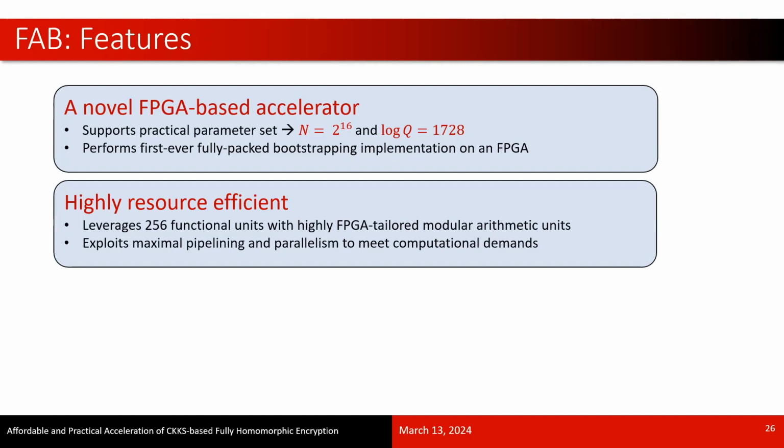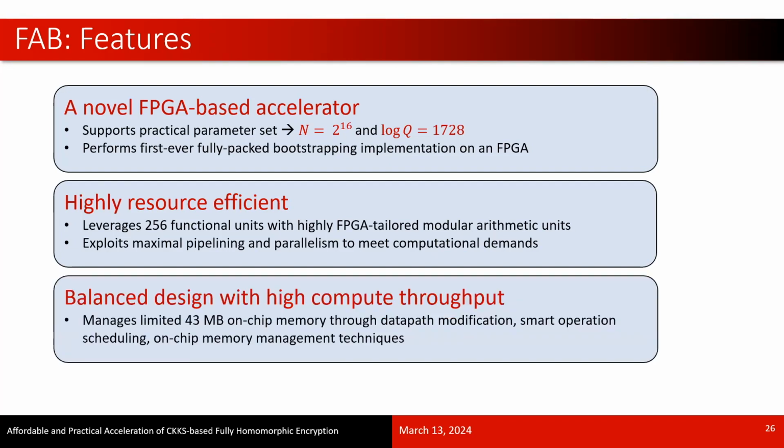And FAB is highly resource efficient in the sense that it implements only 256 functional units, where each functional unit supports various modular arithmetic operations and exploits maximal pipelining and parallelism. And FAB makes efficient use of the limited 43 MB on-chip memory to manage the hundreds of MB working data set at any given point in time.